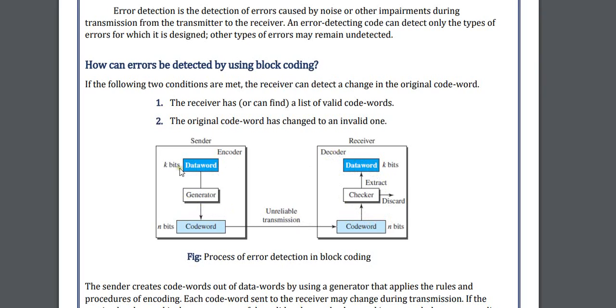First, in k bits we send the data word, then the generator adds some bits to the data word and sends this code word to the next level. The receiver receives the code word, and the checker checks the generator bits against the data section, and if it is okay then it sends out the data word. That's how an error is detected by block coding.